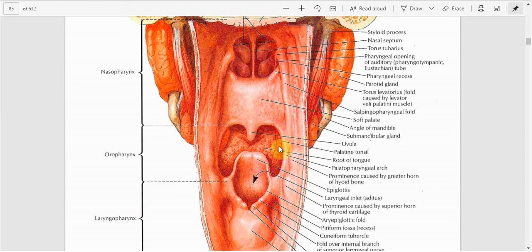You can see the palatine tonsil over here, and when the bolus is propelled backwards into the rear of the mouth and into the pharynx, it presses against these epithelial swallowing receptor areas abundant around the pharyngeal opening and especially on the tonsillar pillars, and this basically initiates the involuntary part of swallowing.